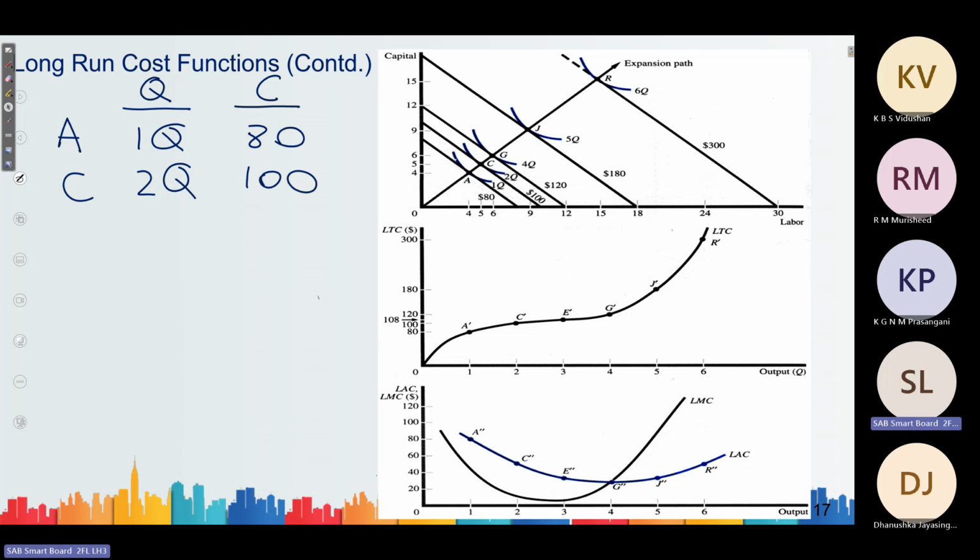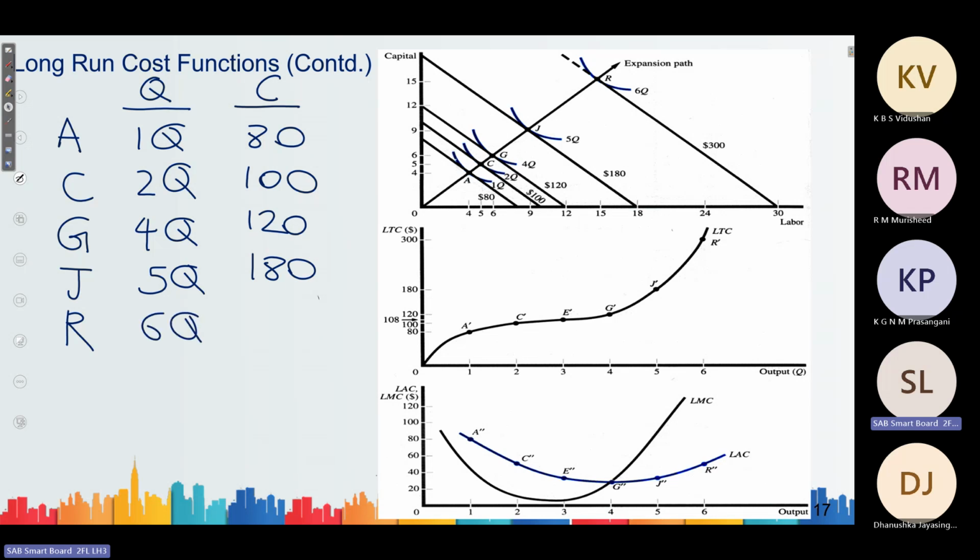At equilibrium input combination G, the firm produces the 4Q level of output at a cost of 120. And next, at the equilibrium input combination of J, the firm produces the 5Q level of output at a cost of 180. And then lastly, at equilibrium input combination of R, the firm produces the 6Q level of output at a cost of 300.